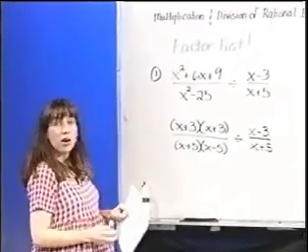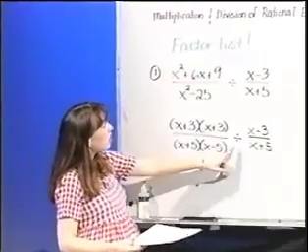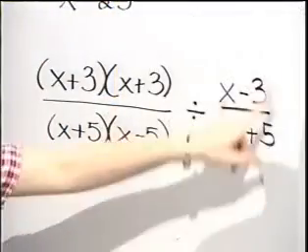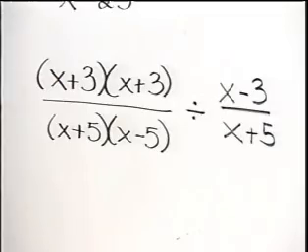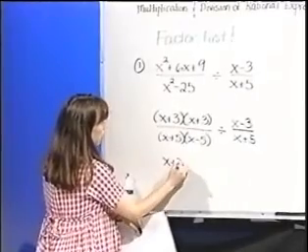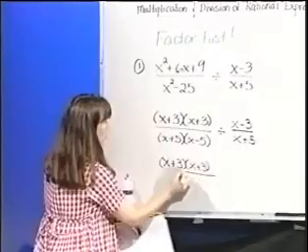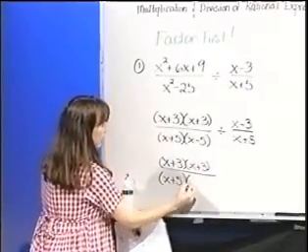Okay, so now what do we do before you can do any canceling or multiplying? The first thing you want to do is convert this division to a multiplication problem by inverting the second fraction. So we're going to invert the second fraction, and what you're going to get is x plus 3 times x plus 3 over x plus 5 times x minus 5.